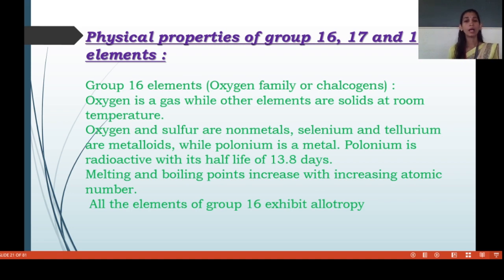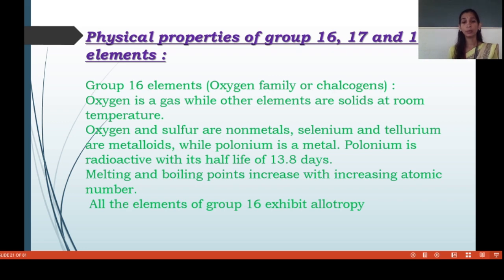Oxygen and sulfur are non-metals, while selenium and tellurium are metalloids, while polonium is a metal. Non-metal, metalloid and metal, that means metallic character goes on increasing from top to bottom. We know that polonium is a radioactive substance.